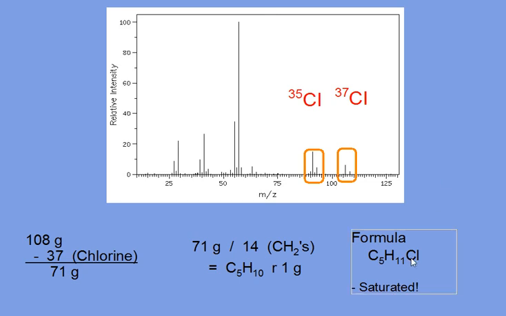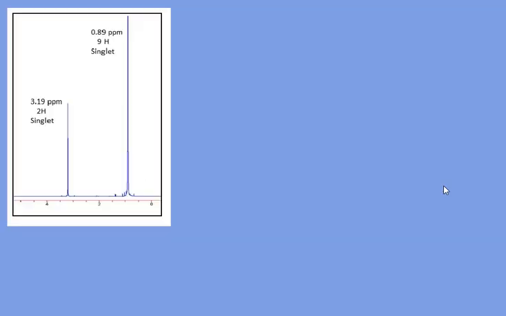So imagining that chlorine as another hydrogen, that would be C5H12, which would suggest complete saturation. So there's no double bonds and no ring formations, which would cut the hydrogen count down by 2 each time, just a chloroalkane.